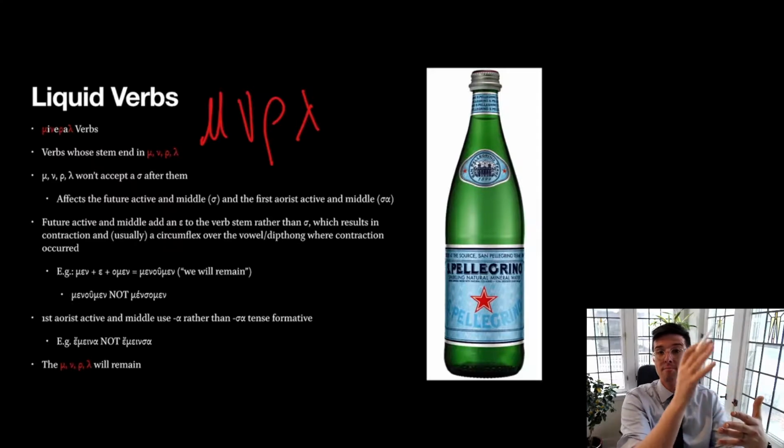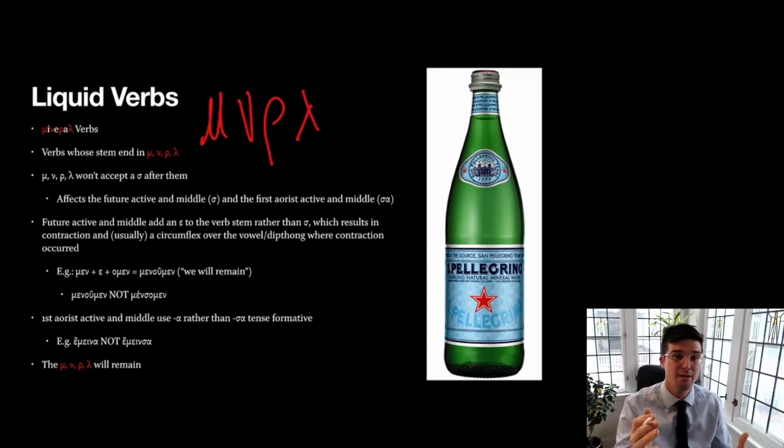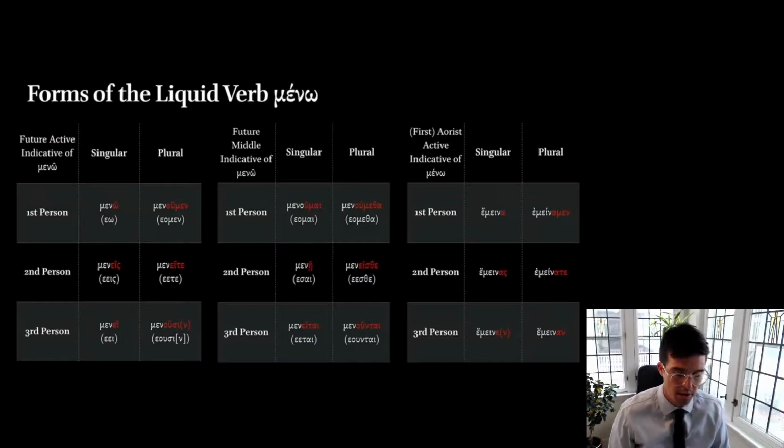And when you see that mu, nu, rho, or lambda, or I ask you what in this verb stem has caused a change, or has caused there not to be a sigma there, you're going to be able to say, oh, it's that mu in there, or it's that rho that's still in the verb itself. So your key to identification for mineral liquid verbs is going to be those letters mu, nu, rho, and lambda. And that will explain why there are changes that come after the mu, the nu, the rho, or the lambda.